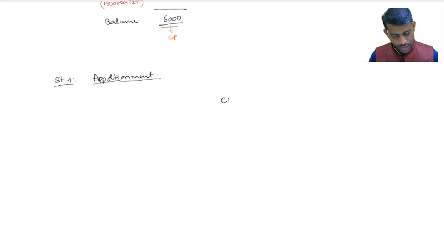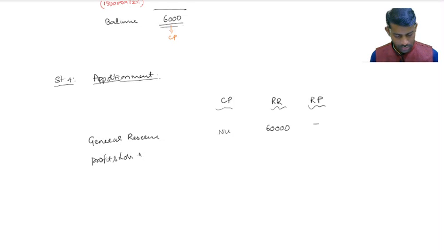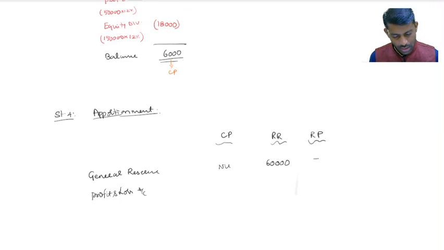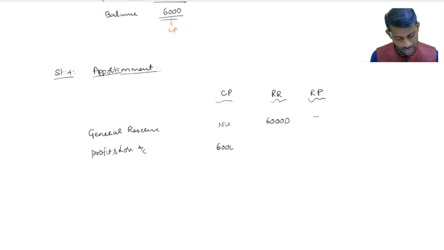To start with, capital profit, revenue reserve, and revenue profit. First analysis was general reserve. We have analyzed general reserve. Opening capital profit was nil. Revenue reserve was 60,000. Profit and loss account: opening balance was just 6,000, and revenue profit is 84,000.